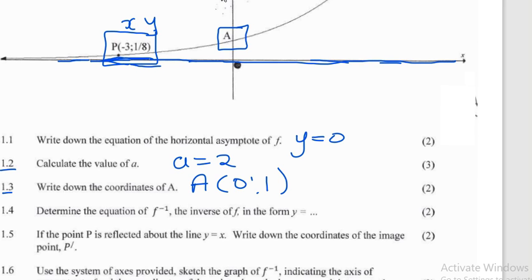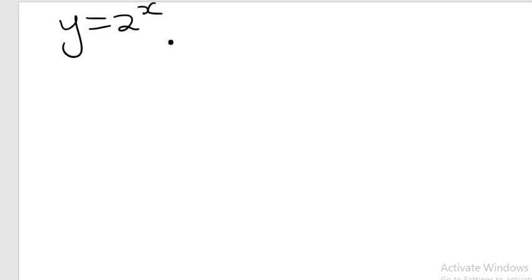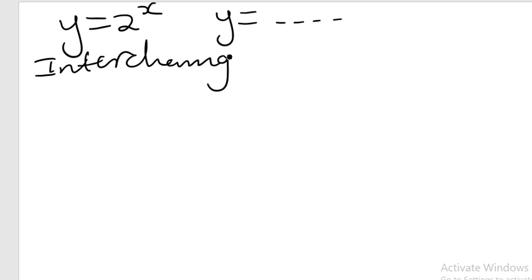1.4. Determine the equation of f to the power of -1, the inverse of f, in the form y is equal to. So we have this function y is equal to 2 to the power of x. We are told that our function should be y is equal to something. What we need to do is to interchange x and y.